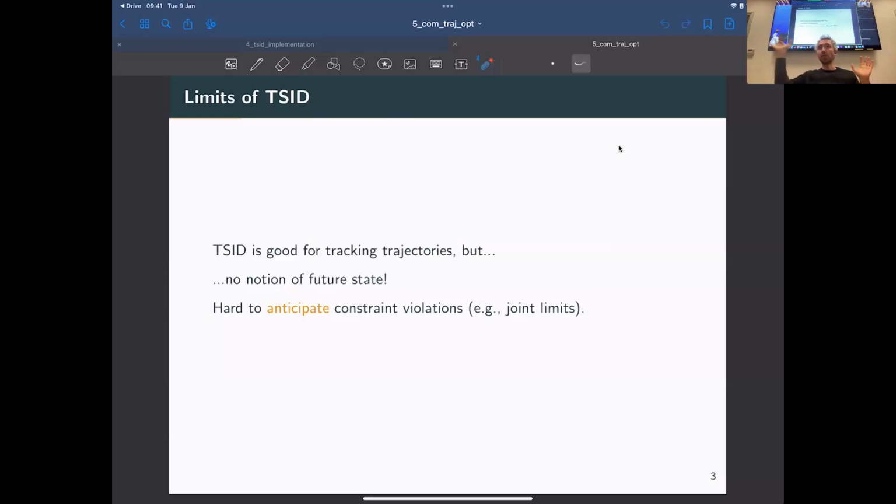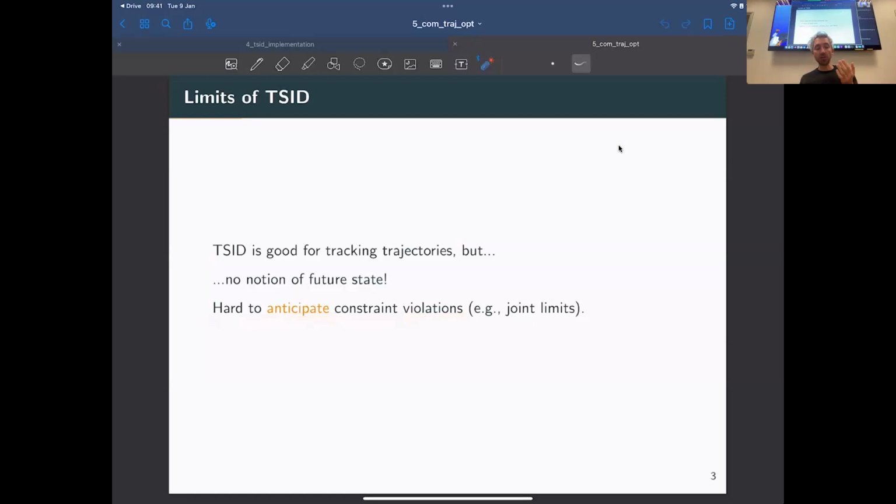So we have some reference accelerations, and we try to make the real accelerations of the robot as close as possible to these reference accelerations, which represent different tasks such as center of mass, feet, posture, angular momentum, and so on and so forth. So for this kind of control framework, it's very hard to anticipate future constraint violations.